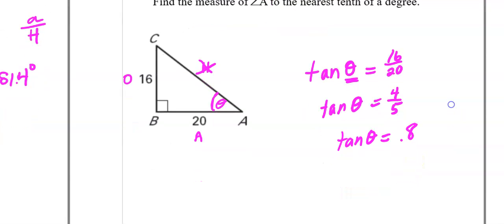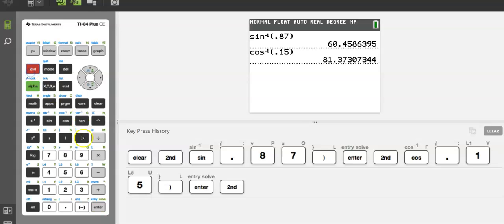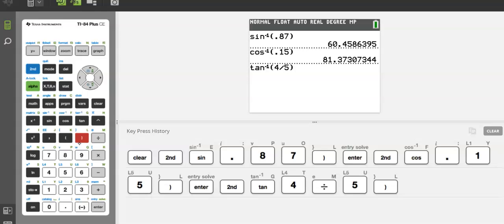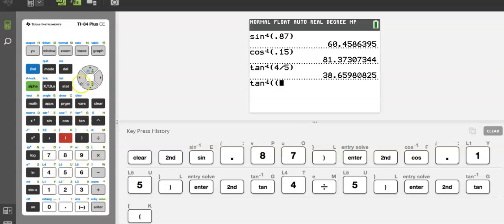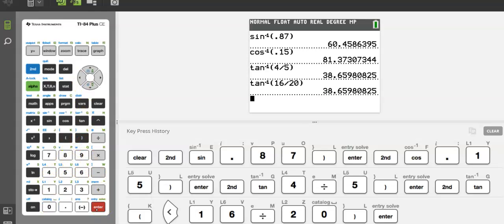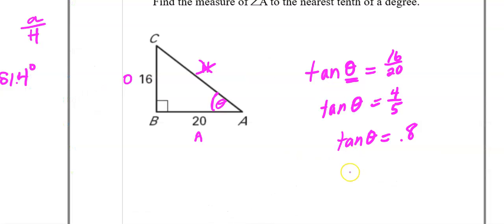Either, it does not matter. All we're going to do is now go to a calculator, hit second tangent. I'm going to put 4/5. You could have done second tan 16/20. You don't even have to simplify. So it's 38.7.